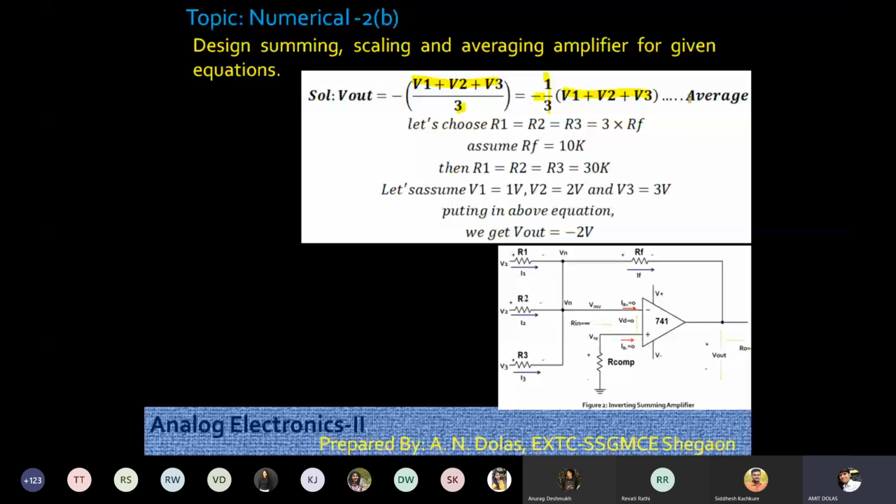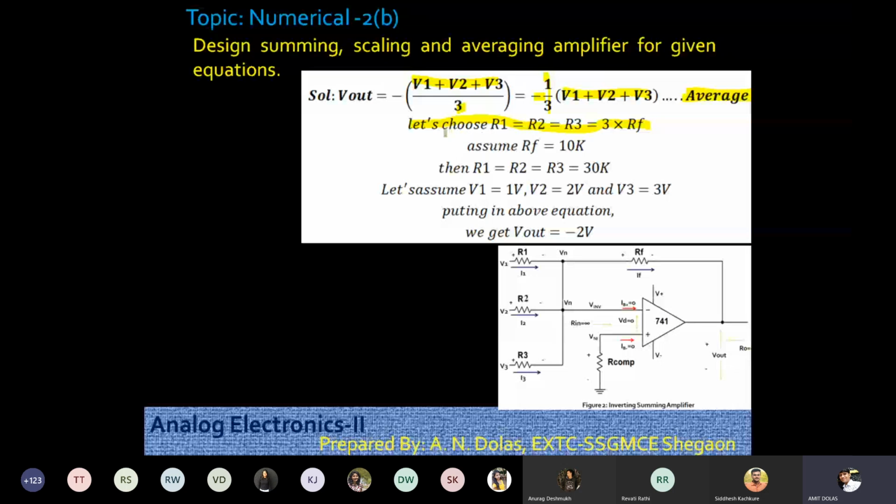So for any number of sources, we can take the average. So let's choose R1, R2, R3 equal and RF will be 3 times less, because the formula is RF by R. I'm sorry, R1, R2, R3 will be 3 times of RF.